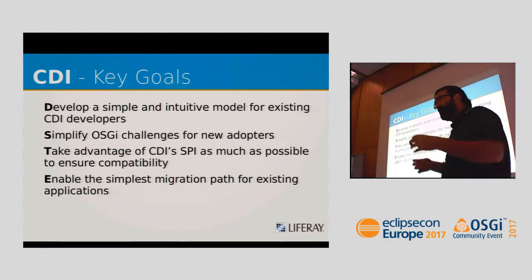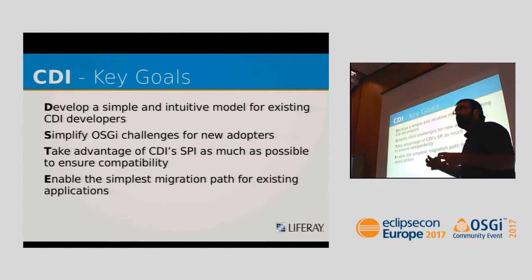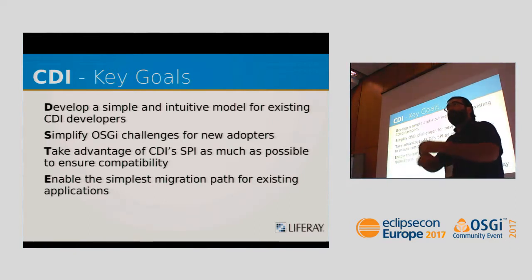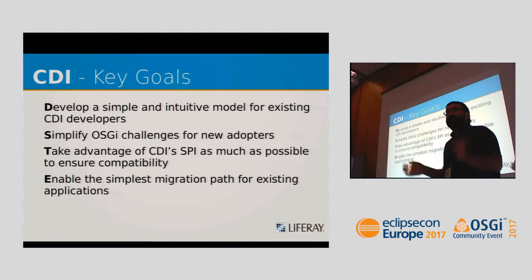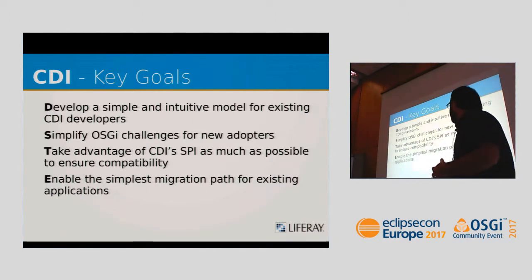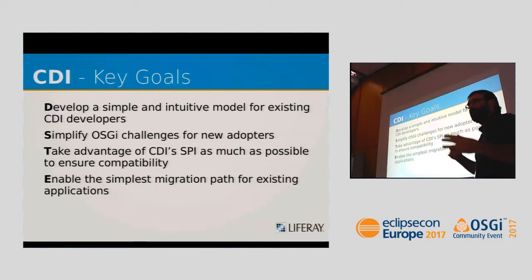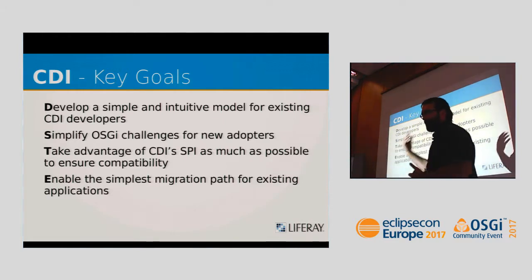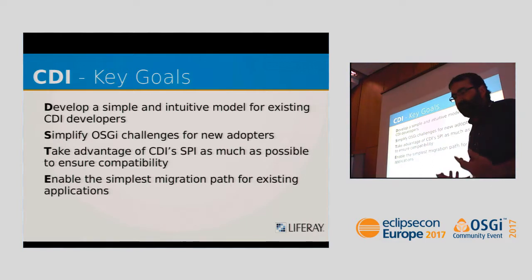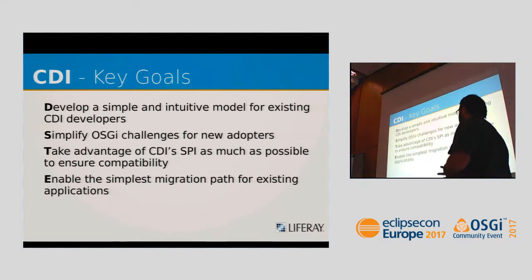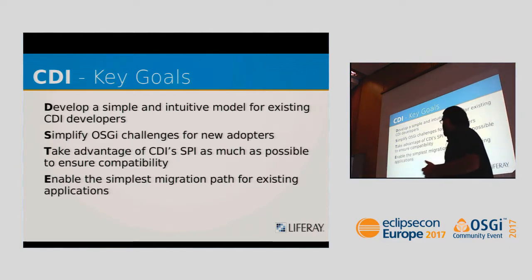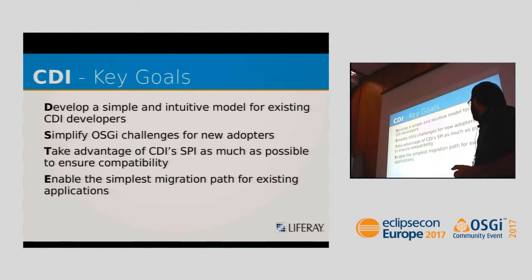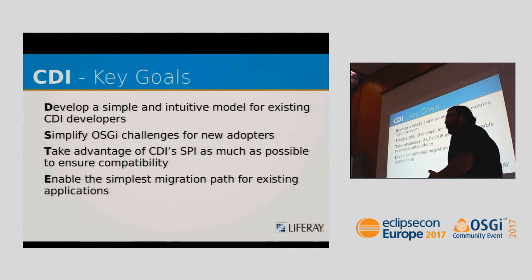This will allow us to be much more compatible with the already large ecosystem of extensions that CDI provides, which ranges widely from transaction management, integration with JAX-RS, effectively all the JavaEE technologies. And lastly, to enable the simplest migration path for existing applications.